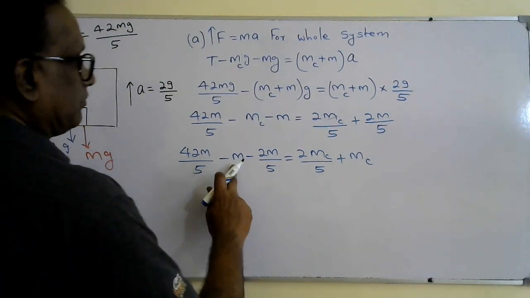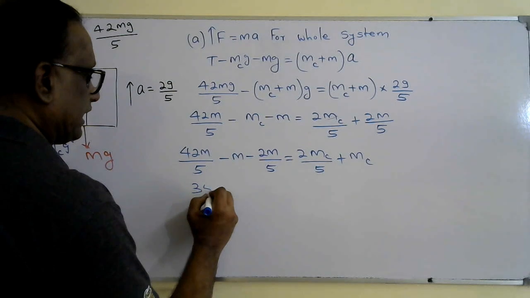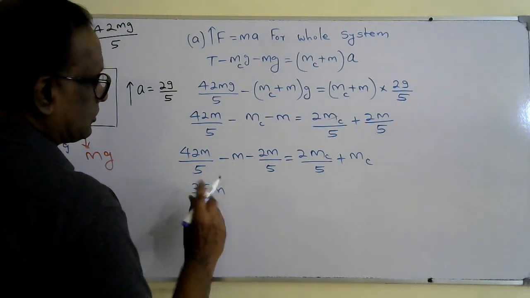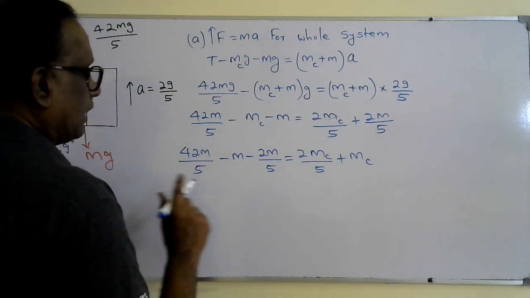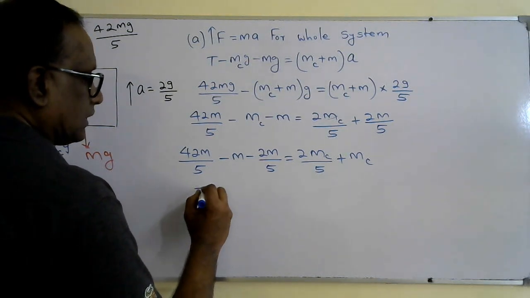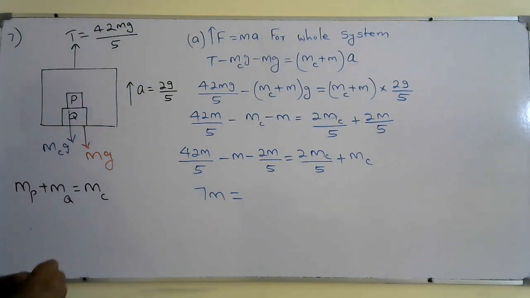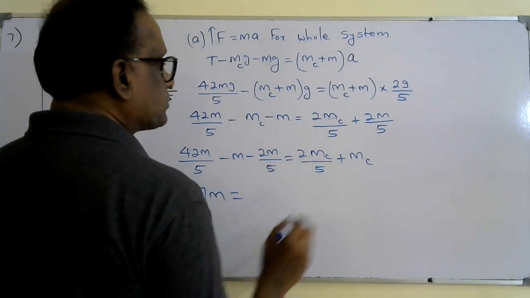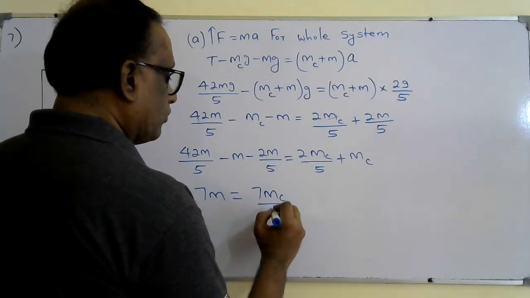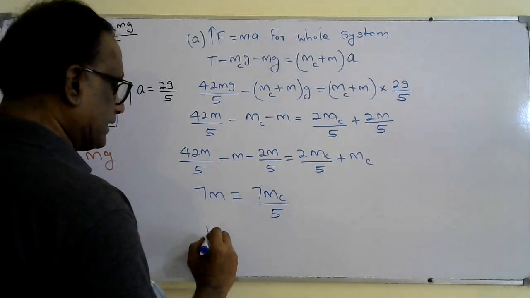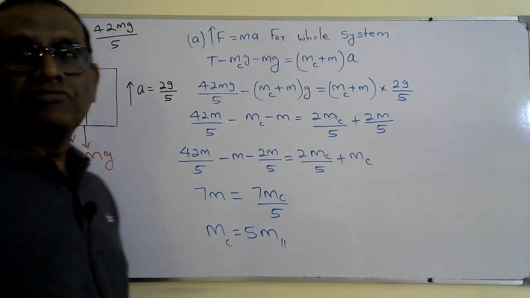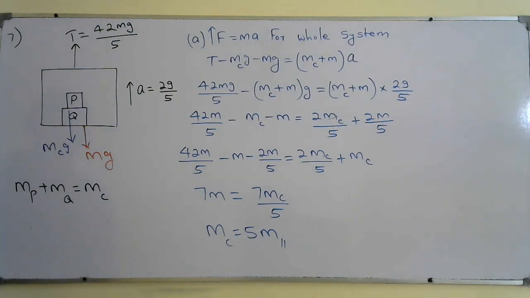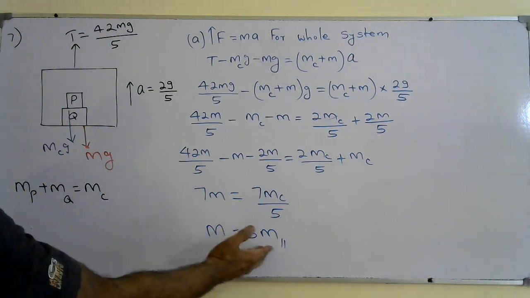So 5M plus 2M is 7M, and 42M minus 7M is 35M over 5. 35 divided by 5 is 7, so 7M is equal to 7Mc over 5. The 7 gets cancelled, cross multiply, so Mc is equal to 5M. The total mass of P and Q is equal to 5 times the mass of the lift.